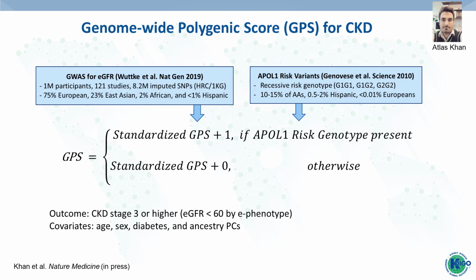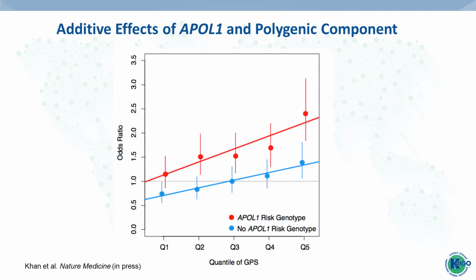We tested this in a testing cohort with the outcome of CKD stage 3 or higher, and we used covariates of age, sex, diabetes, and genetic ancestry. And you can see here in this plot, similar to the modifiers of the monogenic forms of disease, polygenic risk score appears to modify the effect of APOL1.